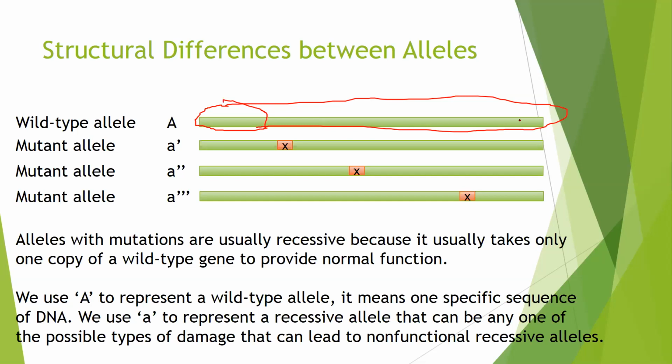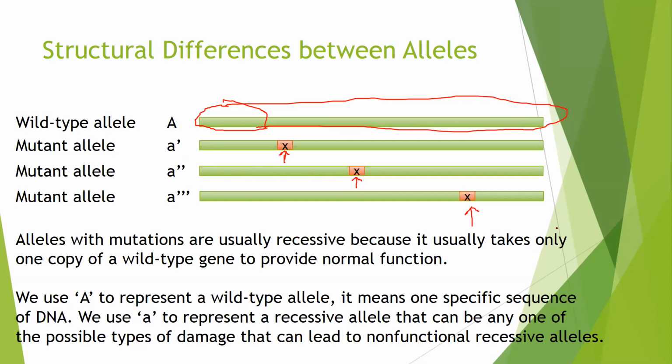However, there might be more than one mutant allele. For example, if some mutation occurs here, this will produce one type of mutant allele, right? If there's another mutation occurring here, this will produce an additional, third type of mutant allele, and so on. So in reality, the allele model can get very complicated.